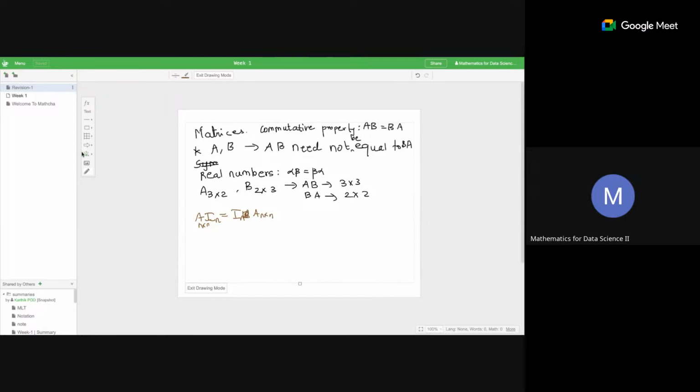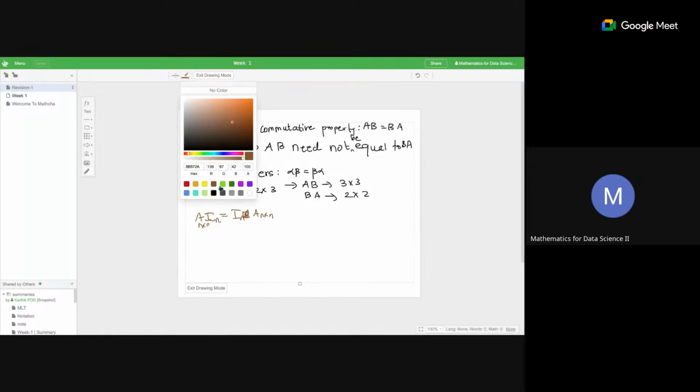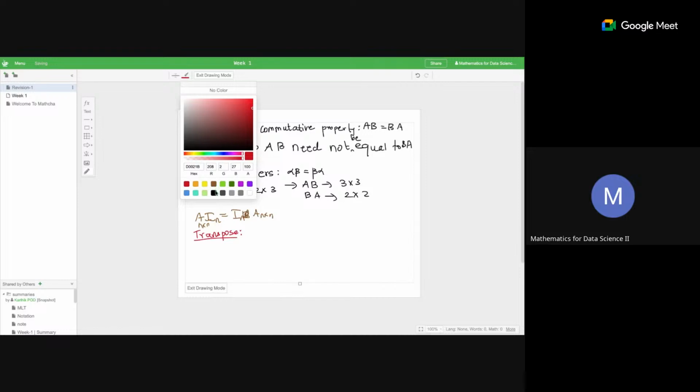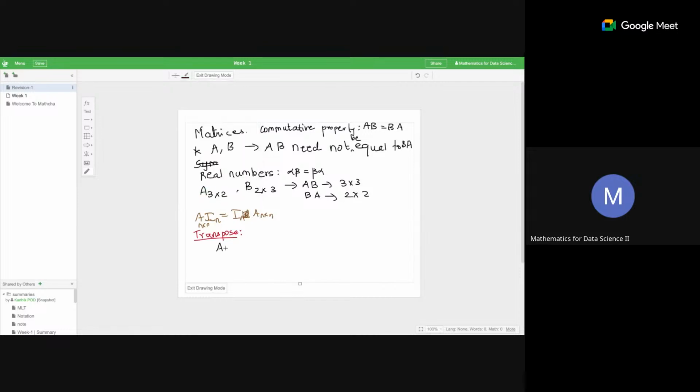So the next topic we are going to see is transpose of a matrix. What is meant by transpose? For the transpose of a matrix, let us consider A to be an M by N matrix. The transpose of this matrix is an N by M matrix.